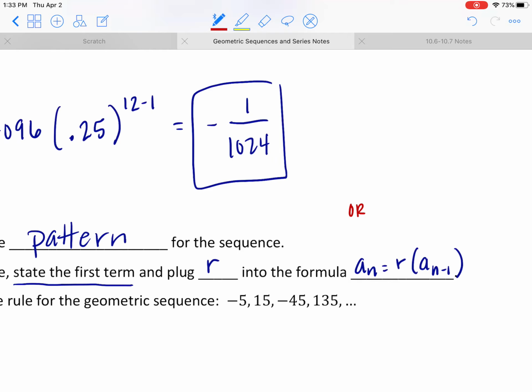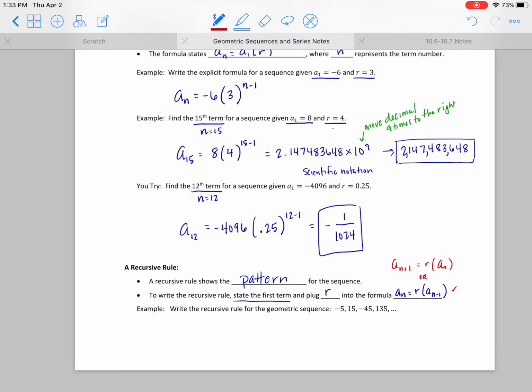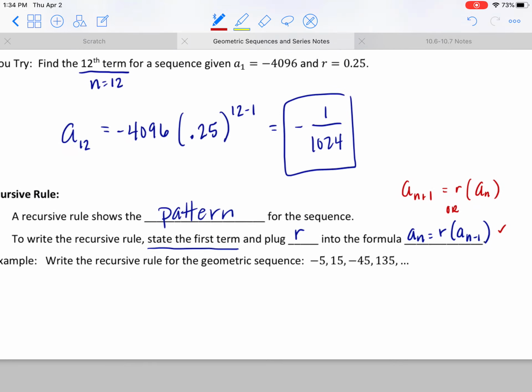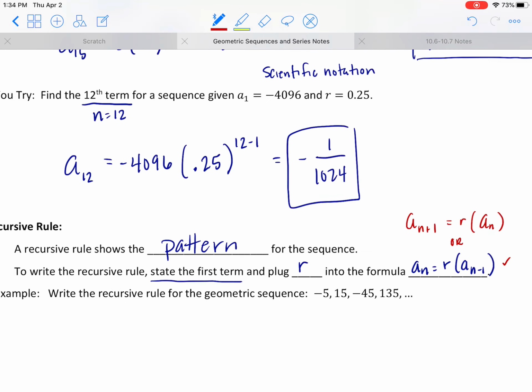Or you could say that if we took any number on the list, a sub n, and multiplied it by r, we would get to the next number. And the next number we would say is a sub n plus 1. So either one of these are fine. I just prefer the one that's in blue. But as long as you state the first term, either one of those is mathematically fine, appropriate.